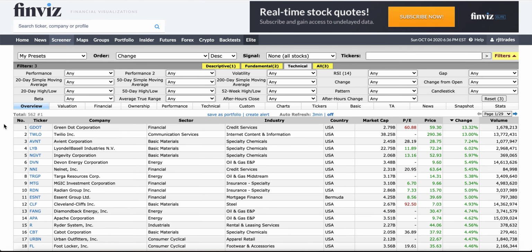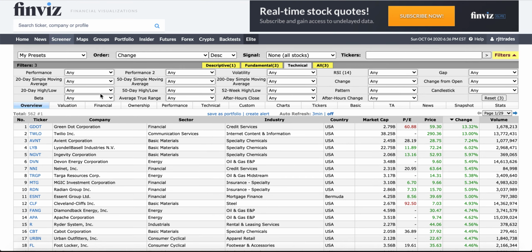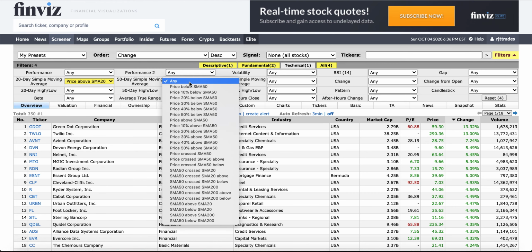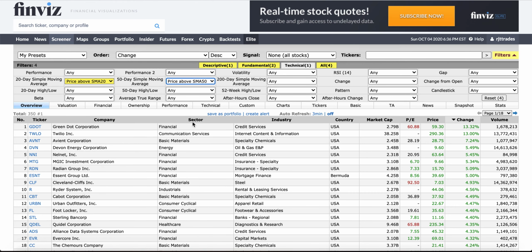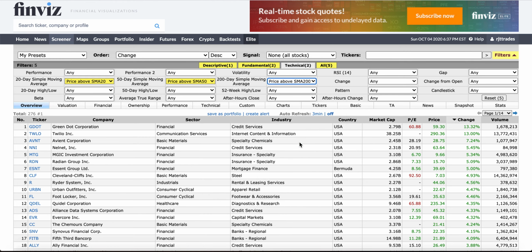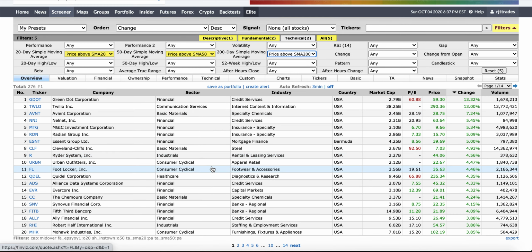Basically, if the price is above 20 days, 50 days, 200 days, it's in an uptrend. So what you can do is price above SMA 20, easy. Price above SMA 50, easy. Price above SMA 200. That basically means these are in uptrend, right?